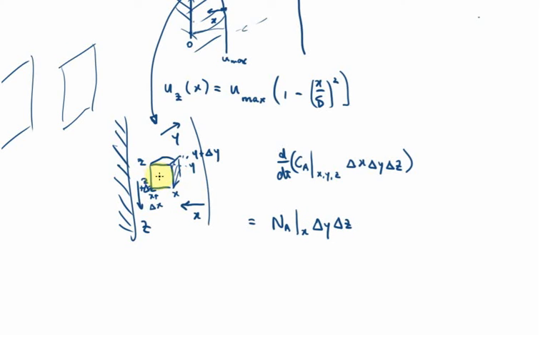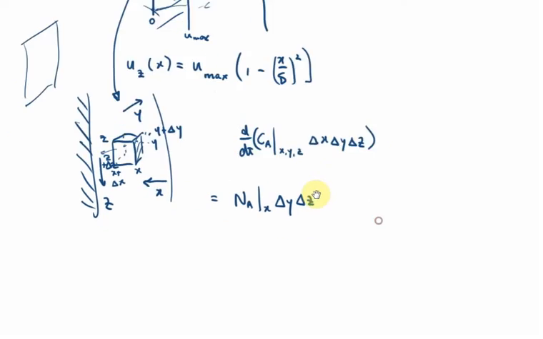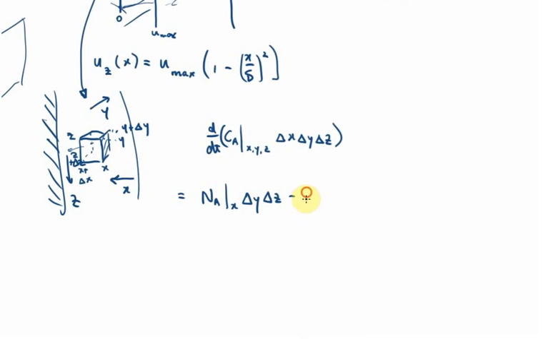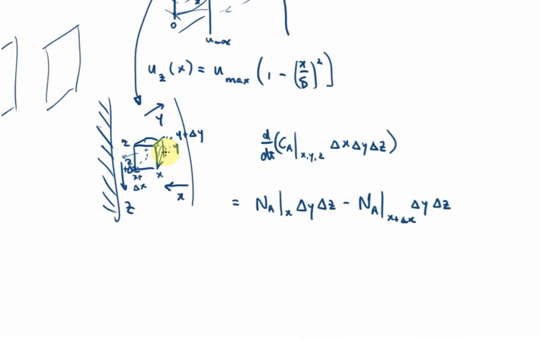And then the flux out of the hidden face there, so on the other side in the x direction, there is also a flux that's leaving that box. So we can write that as minus N_A at x plus delta x, and then that's delta y delta z. So that's flux in the x direction.